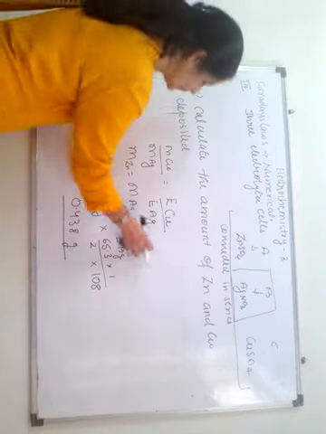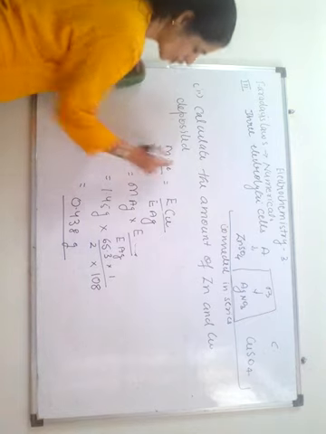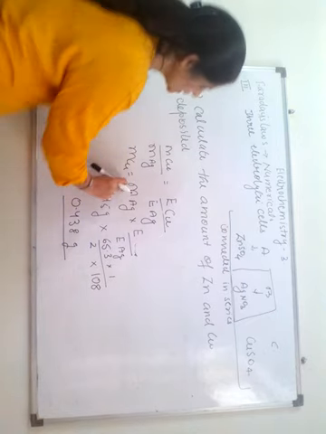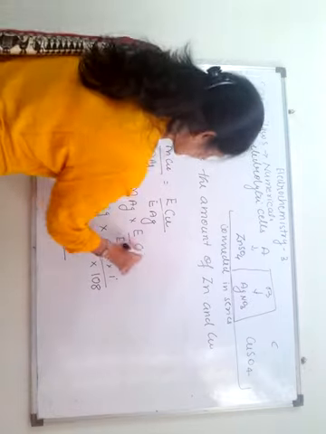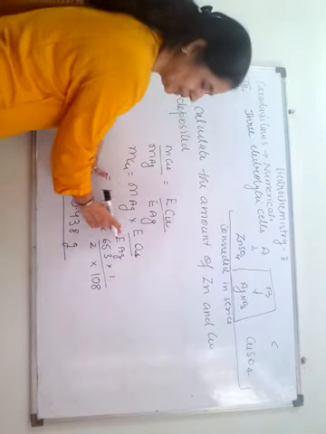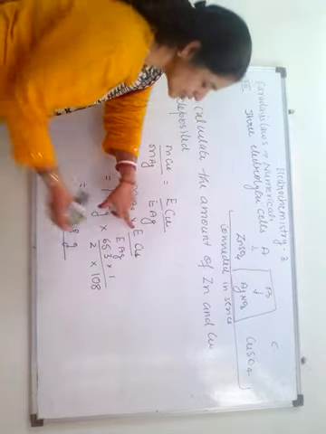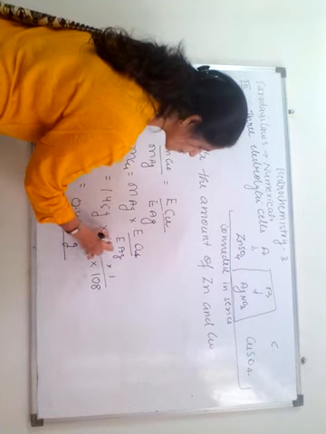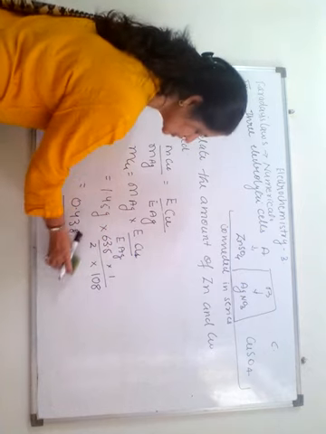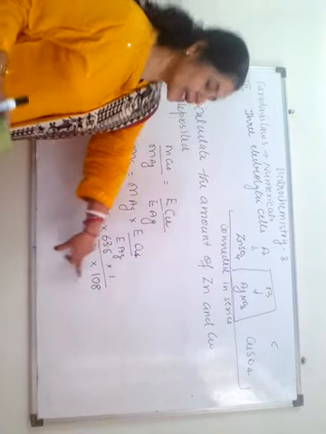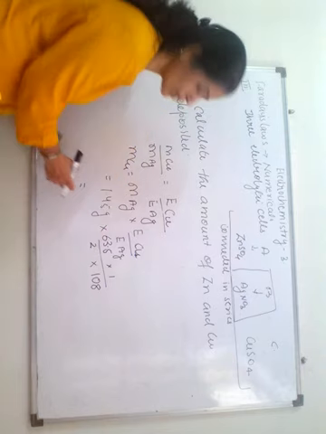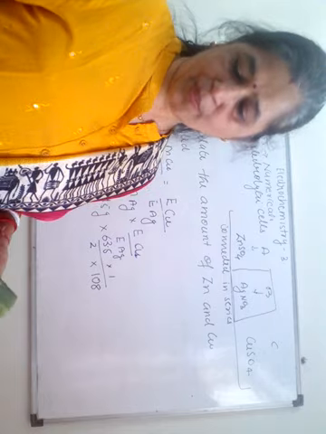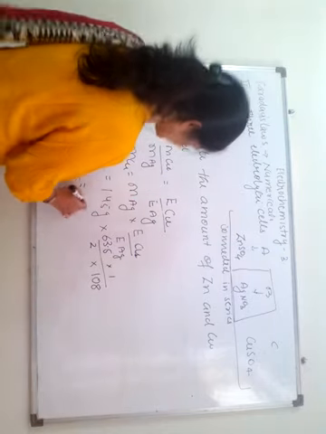So mass of copper here is equal to mass of silver into equivalent mass of copper upon equivalent mass of silver. Atomic mass of copper is 63.5 and valency is 2. Silver again 108 and 1, and you can calculate this value, children. It comes out to be 0.426 grams.